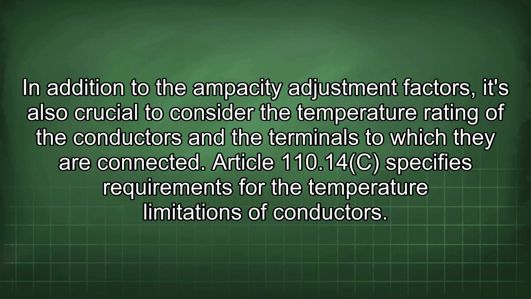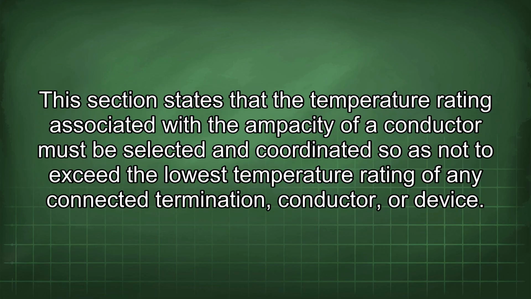distances. In addition to the ampacity adjustment factors, it's also crucial to consider the temperature rating of the conductors and the terminals to which they are connected. Article 110.14(C) specifies requirements for the temperature limitations of conductors. This section states that the temperature rating associated with the ampacity of a conductor must be selected and coordinated so as not to exceed the lowest temperature rating of any connected termination, conductor, or device.